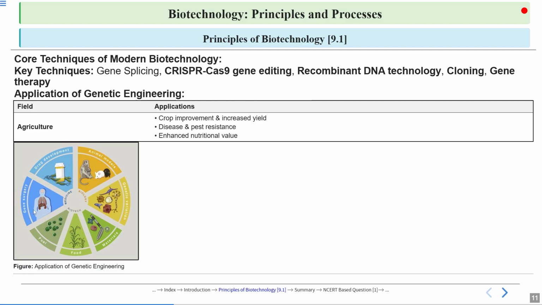A figure shows how we can use it in gene surgery, drug development, animal models, genetic variations, materials, food, and fuels, biofuels. You have heard of biomethane, bioethanol, and all those things.